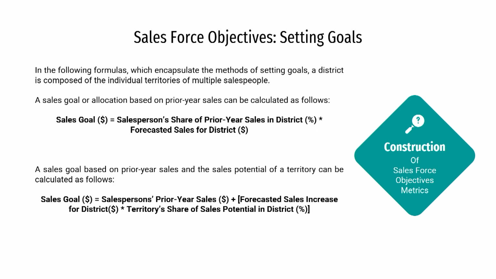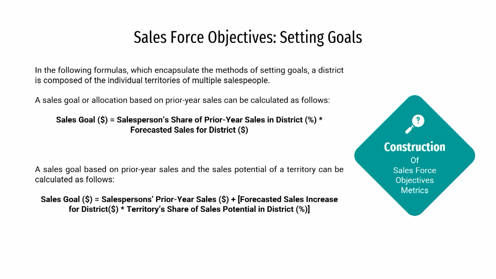A sales goal based on the prior year sales and the sales potential for a territory can be calculated with multiple parameters. One is the salesperson's prior year sales plus the forecasted sales increase for the district. So, now the forecasted sales earlier was 10 million, now it has become 15 million. So, there is an increase of 5 million sales, multiplied by the territory's share of sales potential in the district.